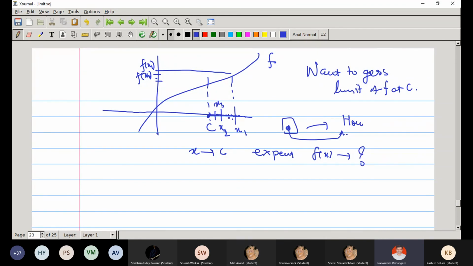So if you are tending towards c by taking jumps x1, x2, x3, ultimately what I am looking at is a sequence xn. At the first jump I am at x1, in the second jump at x2, in the third jump at x3, and if this sequence tends to c, then look at f of xn, the corresponding values on the codomain: f of x1, f of x2.